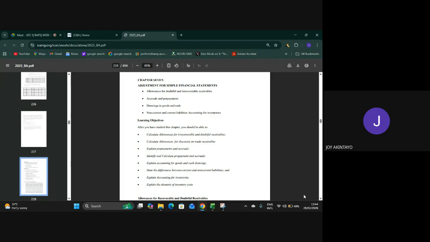So now we want to look at those adjustments we need when we want to prepare our financial statements. The first one is allowance for irrecoverable and doubtful receivable.